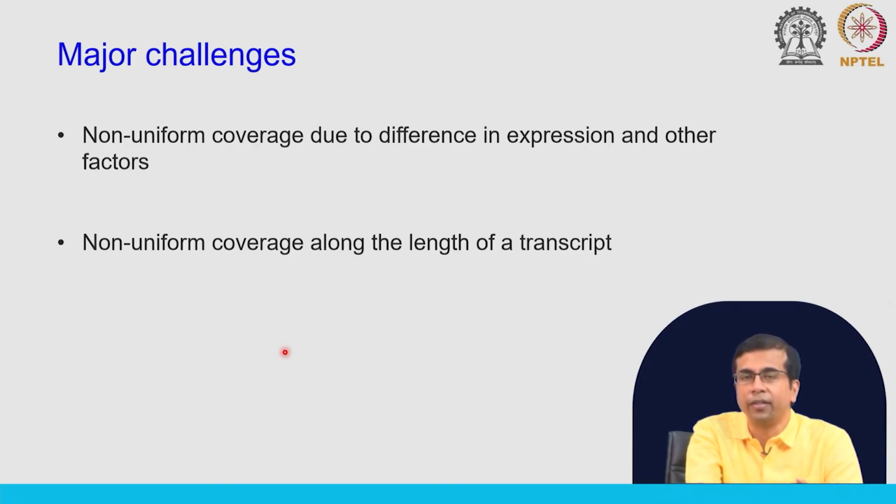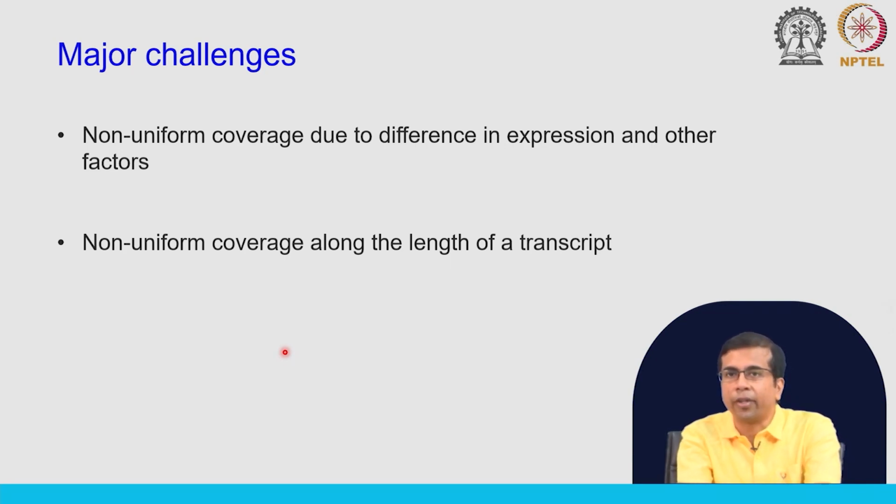If you consider a gene A and see the transcript A, you will not get reads across the whole transcript. You will see some bias, for example, the ends of the transcript will show more reads compared to the middle of the transcript. There are a lot of different types of biases that we will discuss in the subsequent classes.